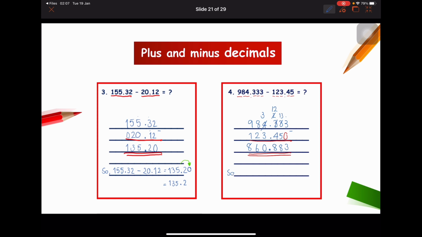Yes, so 984.333 minus 123.45 equal to 860.883. Correct. Clap your hand. Good job.